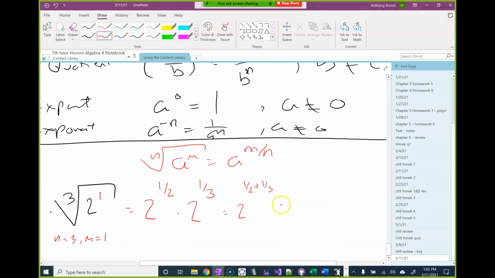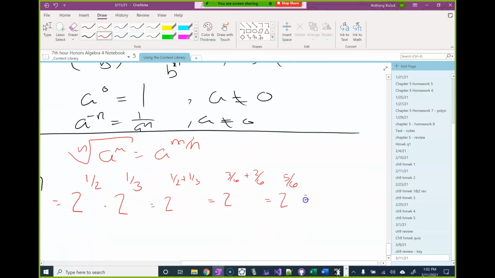To add fractions, what do I need to have? Common denominator. For 1/2 and 1/3, the common denominator would be 6. So 1/2 becomes 3/6, and 1/3 becomes 2/6, and we add them to get 5/6.